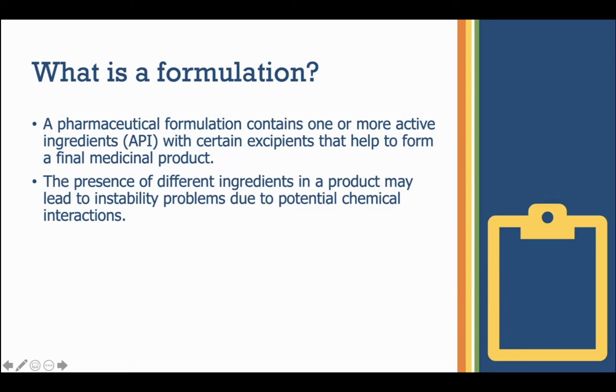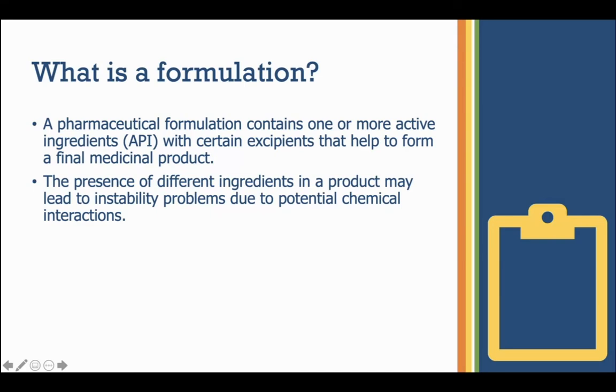In order to formulate this paracetamol suspension, we need some excipients or other ingredients that will help to give the product its final appearance. As an example, because it's a suspension, we would need to add a suspending agent. That is one type of excipient.